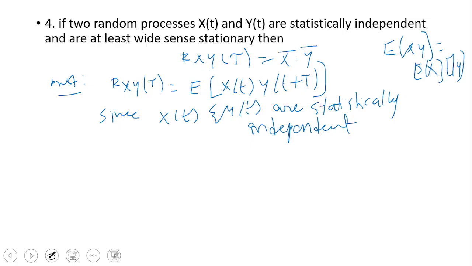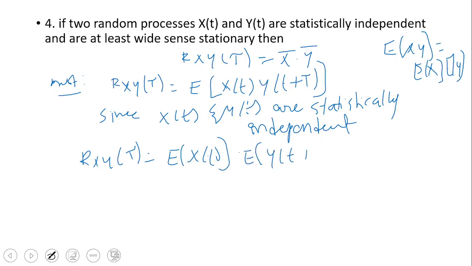Same way here, Rxy of tau is equal to E of x of t into E of y of t plus tau. Because they are statistically independent, we can write E of xy as E of x into E of y. What is E of x of t? X bar. E of y of t is y bar. So therefore, Rxy of tau is equal to x bar into y bar.